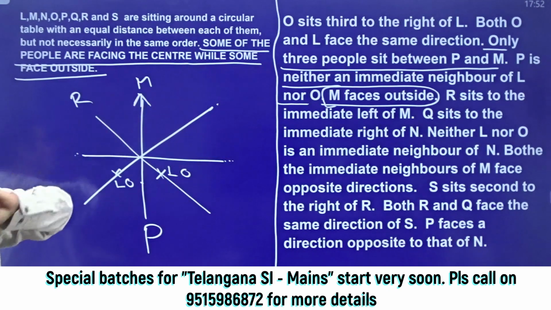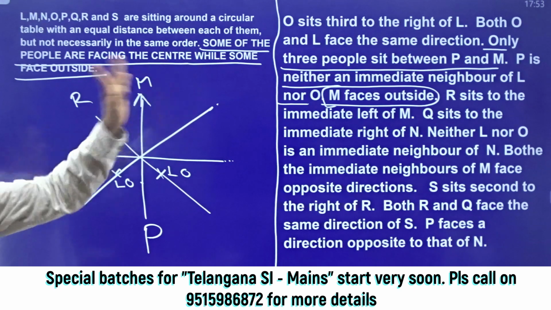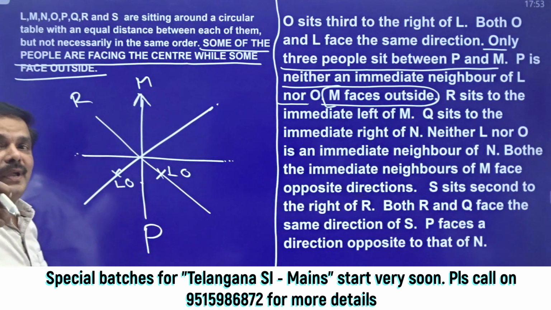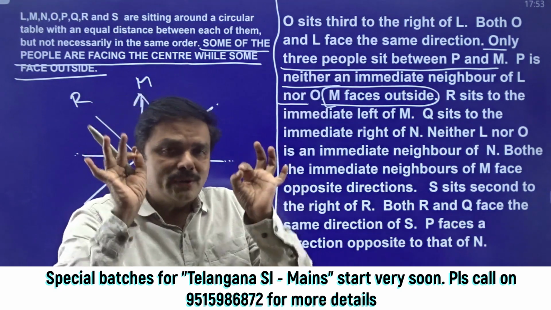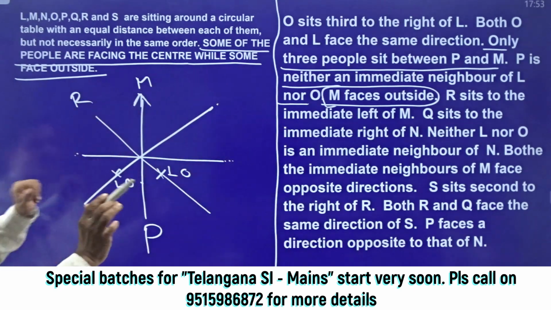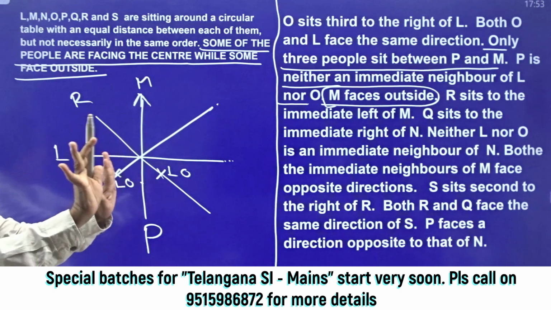The very first data you see, O sits third to the right of L. Now see, students, out of these 3 places, where shall I keep L by qualifying the first data? O sits third to the right of L. Now you see, what if I keep L here? Suppose L is here. O should be third right.